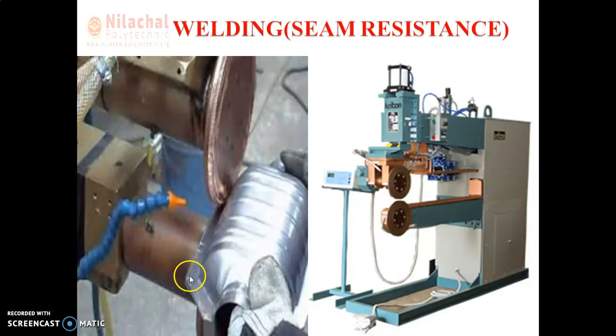In spot welding you put just a spot here, so it consumes more time, but in this case the time is very less. Here you can see the two rotating electrodes in this machine. We pass the two overlapping sheets through it so that the welding takes place.